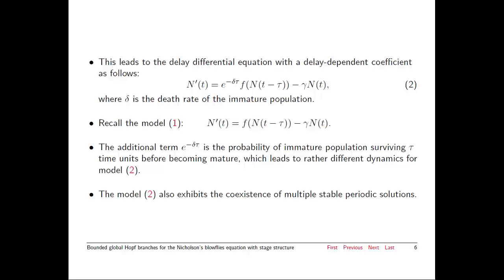You can see that compared to the basic model one, we only have one additional term, the exponential term e to the minus delta tau. Actually, e to the minus delta tau is the survival probability during the maturation process. And this exponential term also leads to rather different dynamics compared to model one.